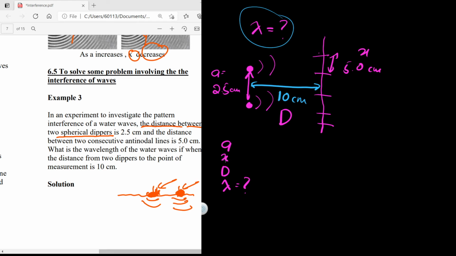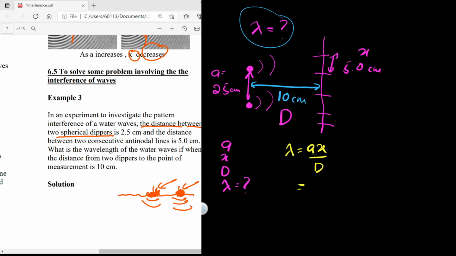As you can see here, we have 4 variables, and these variables can be found in only one equation, which is lambda equals ax divided by d. We want to find lambda, so we don't need to change the subject.